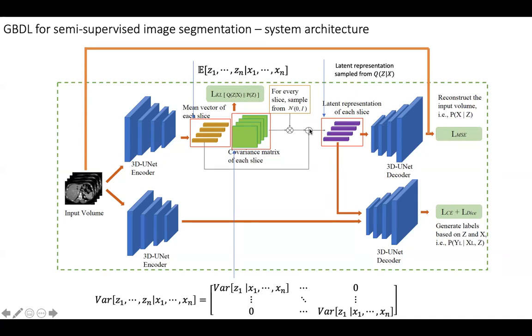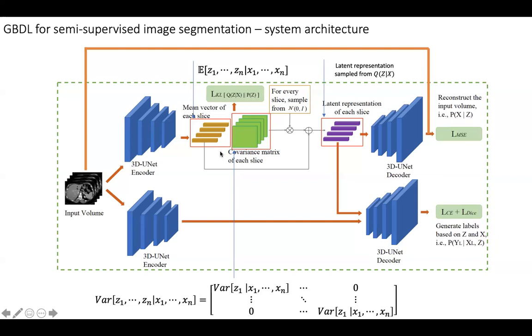Then from this posterior distribution, we sample a sequence of latent representations. We treat them as the representations of the input image slices. These latent representations will then go through the 3D U-Net decoder, and we get reconstructed images. The reconstructed images will be compared with the original input images to calculate the mean square error loss.